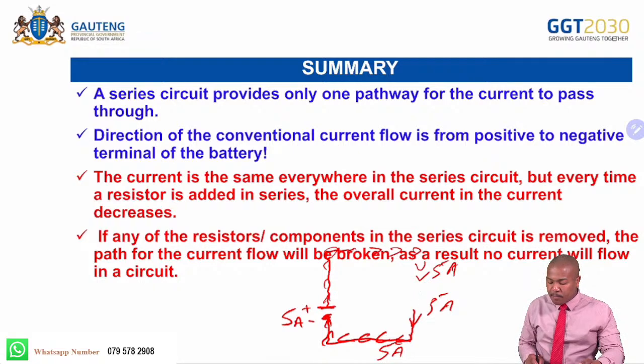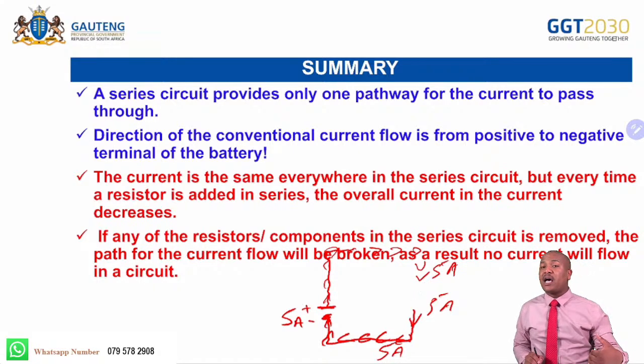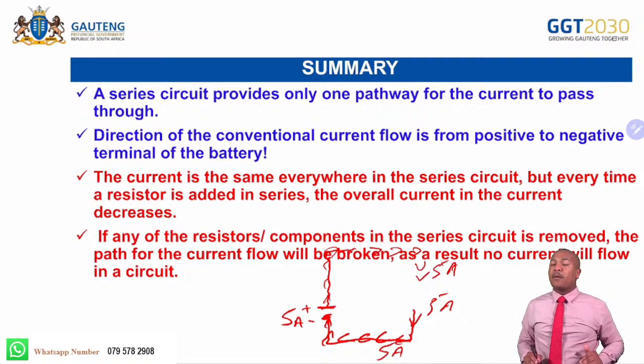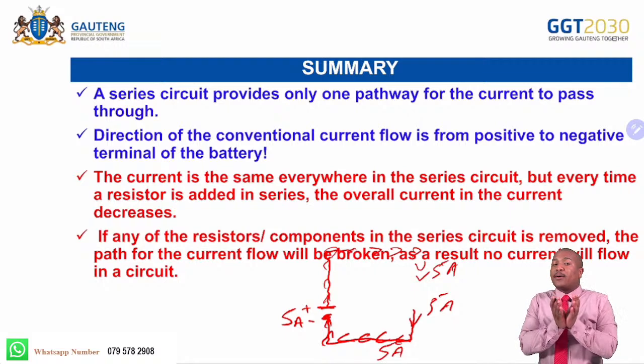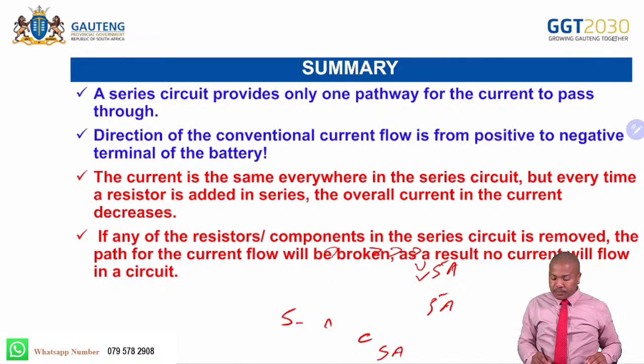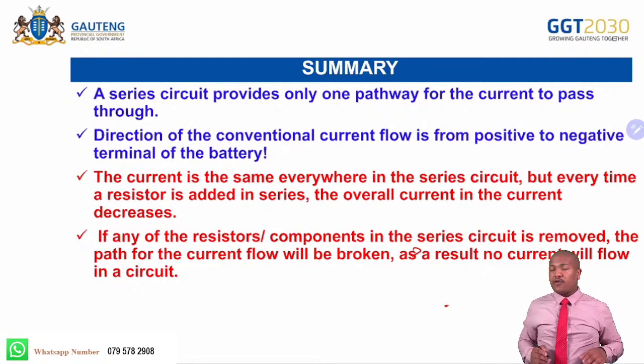There's going to be some space here, right? The space does not allow the current to flow through, because now the pathway is broken, and the current is not able to pass through to the other side, right? And that's mostly about what we have learned for today.